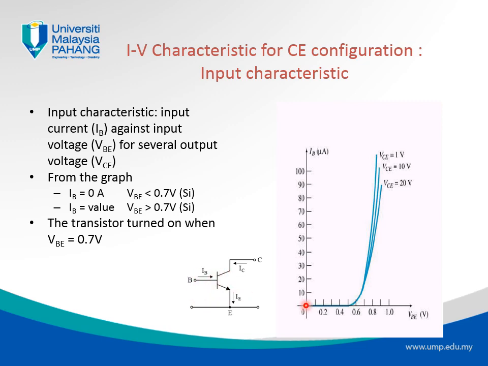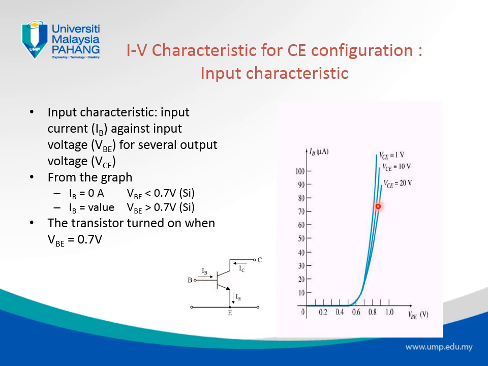As a consequence, the transistor will not operate. But as we increase the value of the input voltage VBE beyond the bias voltage of the junction at the base, then we will start to observe that a certain amount of current will circulate into the base.